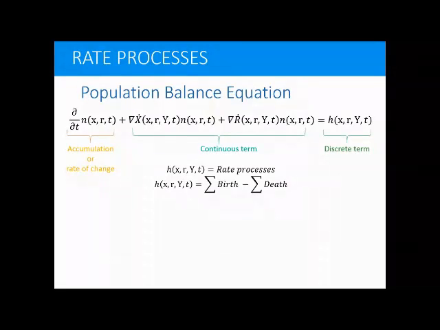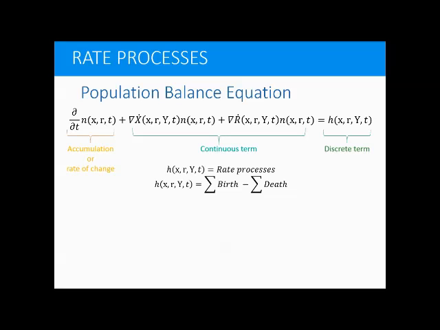Let's return to the theoretical framework of the population balance equation, and let's see where rate processes fit into this scheme. As you remember, there are three main terms in this equation. On the left, we have the accumulation, or the rate of change, which is the one that we actually want to model by the knowledge that we have on the other terms.